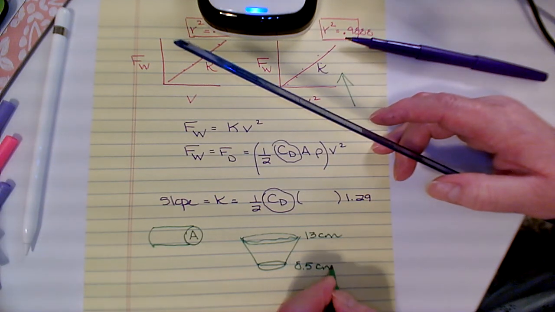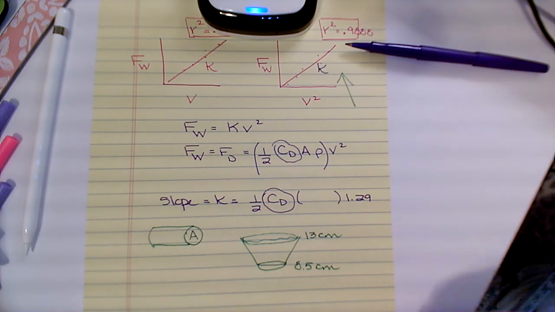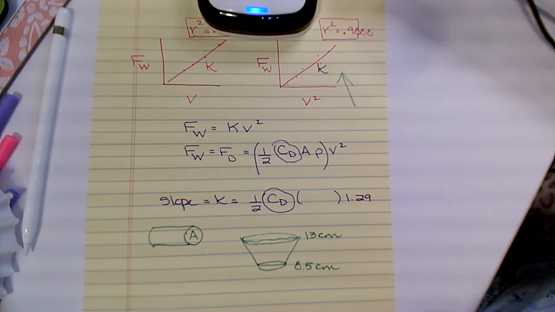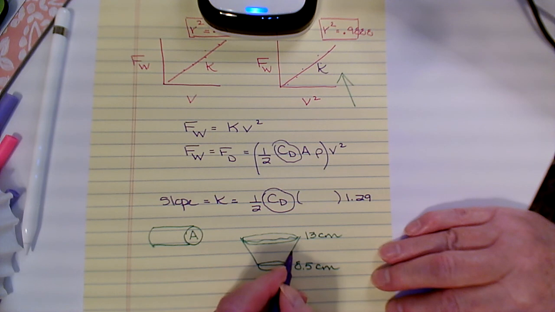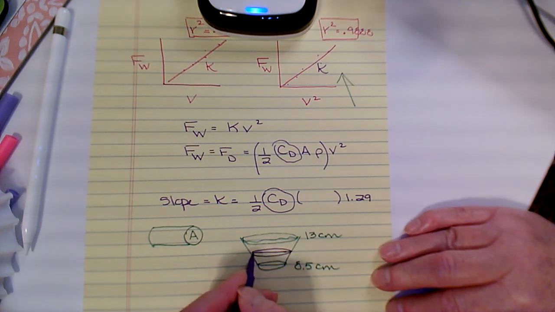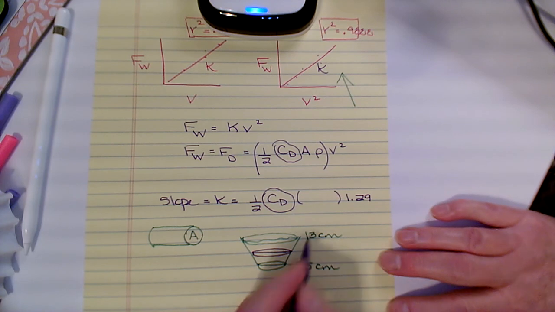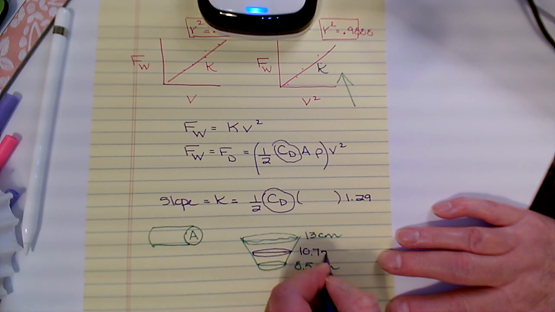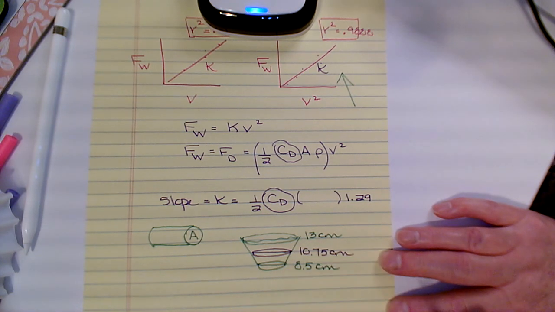So we have something that's not like a consistent tube. So I guess for lack of anything better to do, we're just going to average it. We're just going to use the middle and call this the cross-sectional area. So when I average 13 and 8.5, it averages out to 10.75 centimeters.